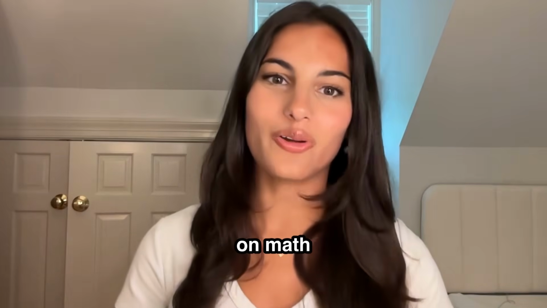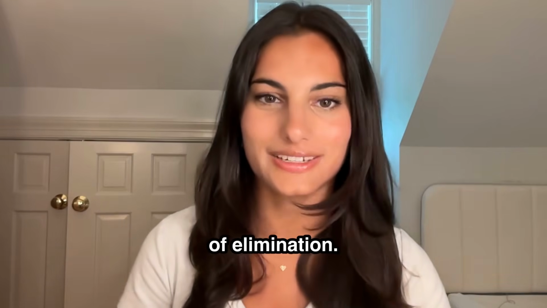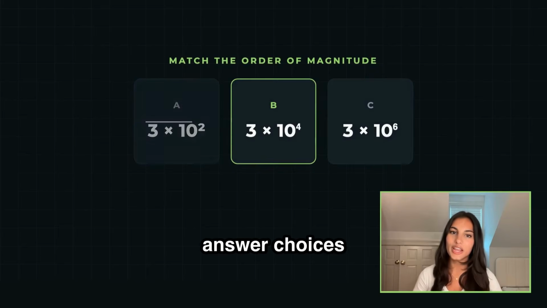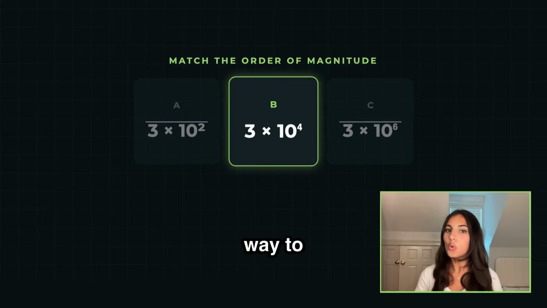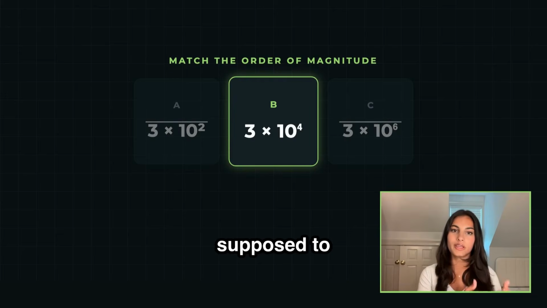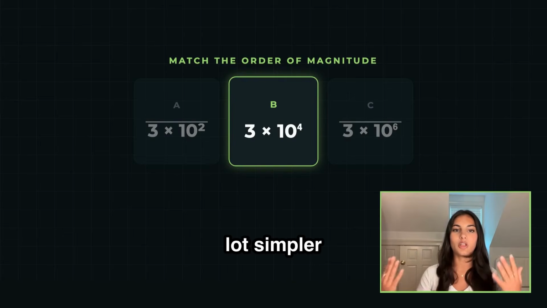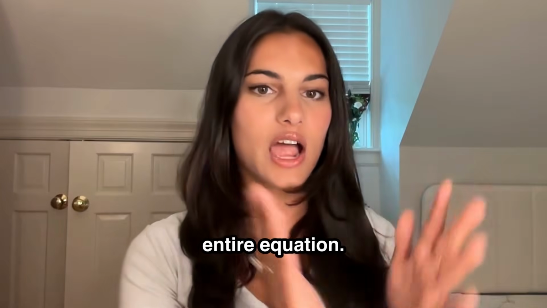One last quick note on math and exponents and how that can play into the process of elimination. Sometimes on the MCAT, you'll get answer choices in which all of the exponents are different. So each answer is a different order of magnitude. I think a quick way to eliminate a lot of answers at once is to figure out what the proper exponent is supposed to be. And that is a lot simpler of a math setup a lot of the time than doing the entire equation.